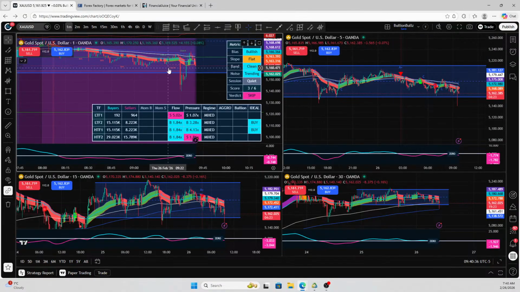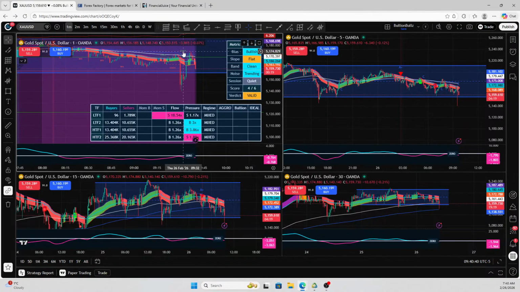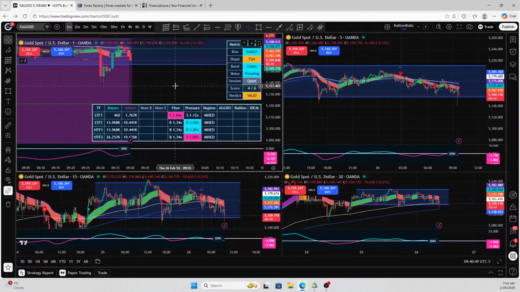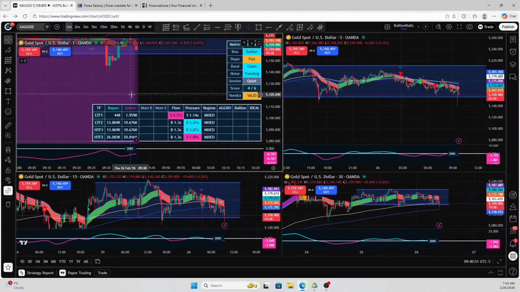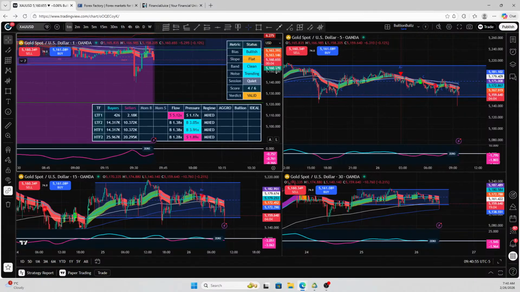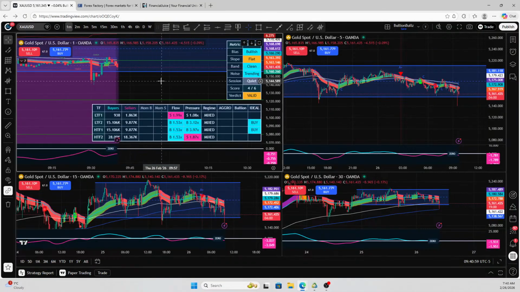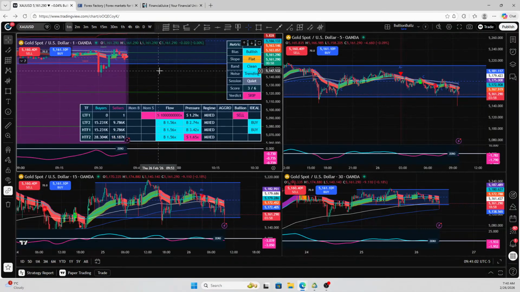Whenever CHOCH is red, it means we are looking for sell side. Whenever it's green, we're looking for buy side. But in this case, since our bias is bearish, we are looking for a sell side move. And potential target is going to be this pivot right here. These lines that you see are the different pivot points, which will serve as our price targets.